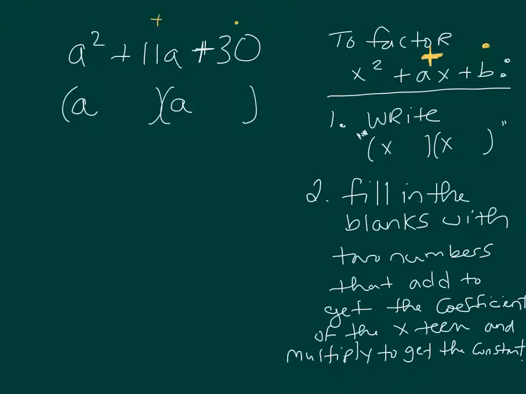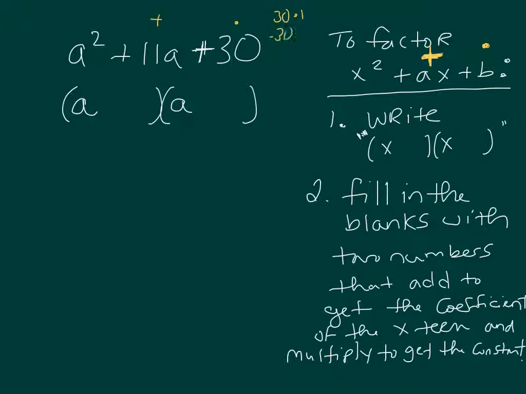So now I need to find two numbers that when I add them together I get 11, and when I multiply them together I get 30. This is sometimes easier than other times, depending on what your two numbers are. So what I like to do is look at all of the ways that I can get positive 30 when I multiply. I can get positive 30 by saying 30 times 1.